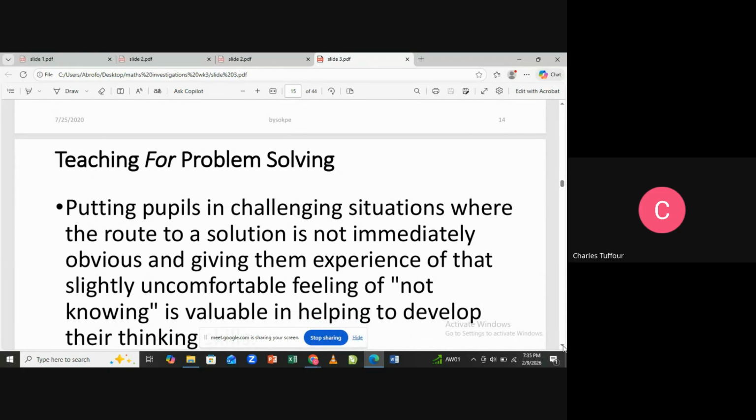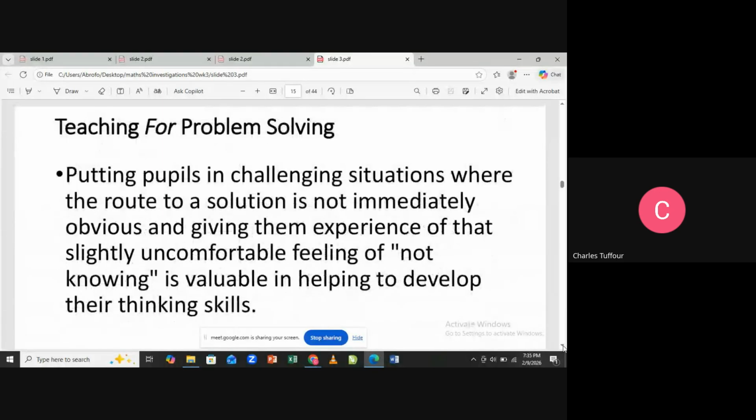Putting people in challenging situations where the route to a solution is not immediately obvious, and giving them experience of that slightly uncomfortable feeling of not knowing, is valuable in helping to develop their thinking skills.